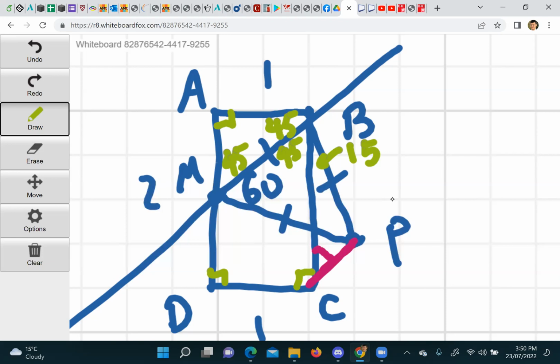You can get the DMP is 75. Yeah. Because this is 60, and this is exterior angle, right?